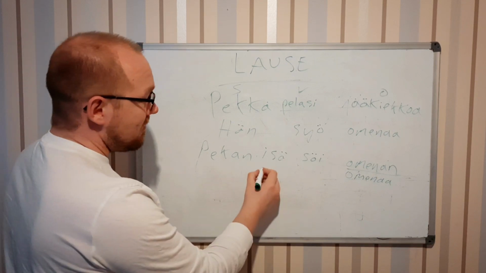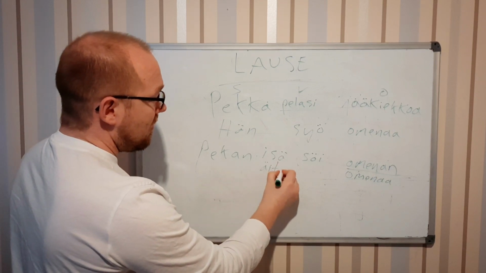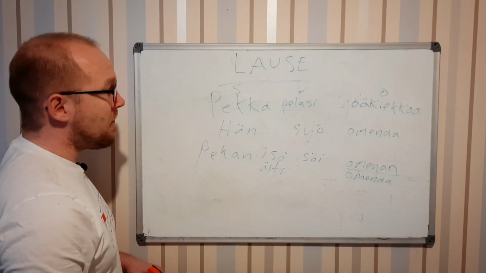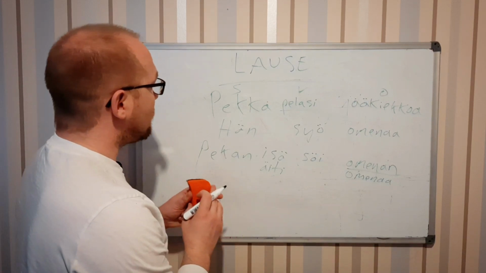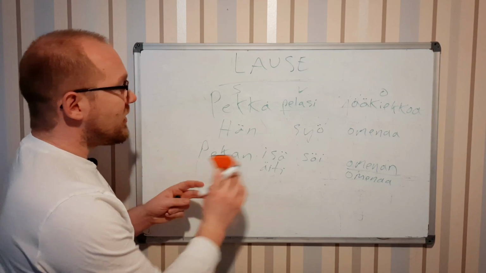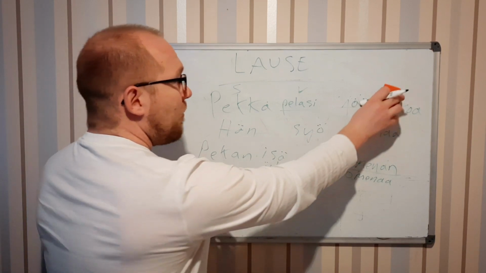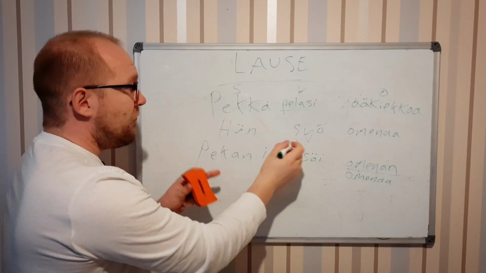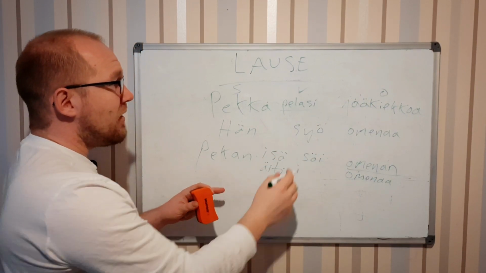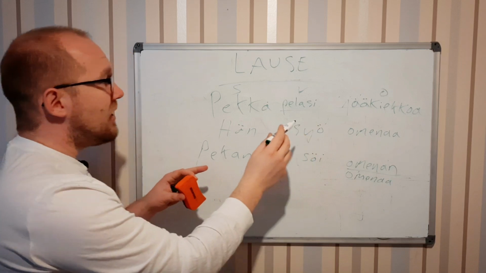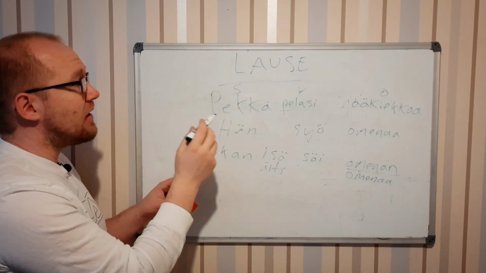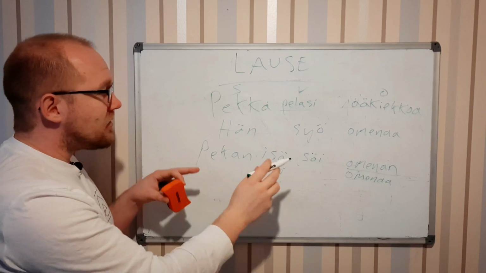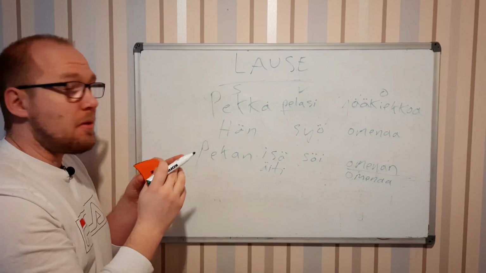Pekan äiti söi omenan. And so on. So. You can change the object. Always you can change the object. You can change the verb. You can add time. You can add adverbs. You can add or keep it simple.